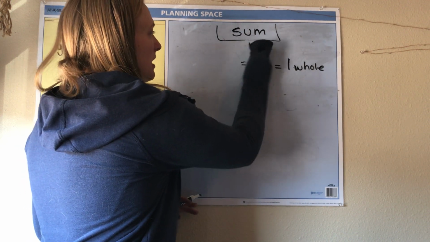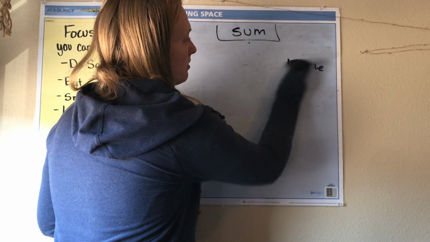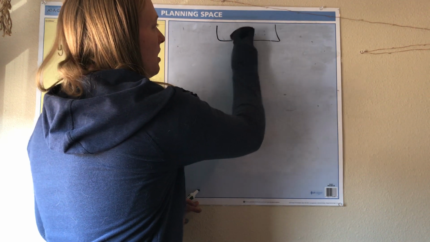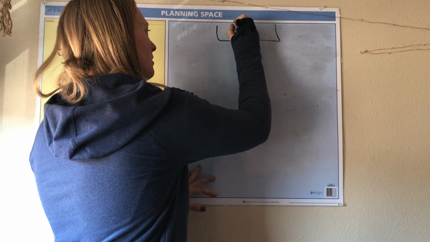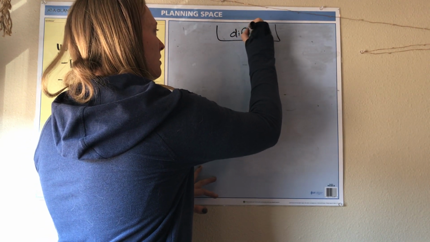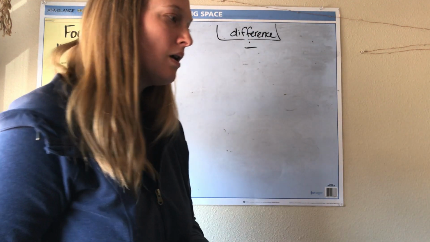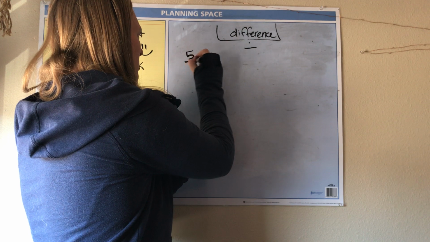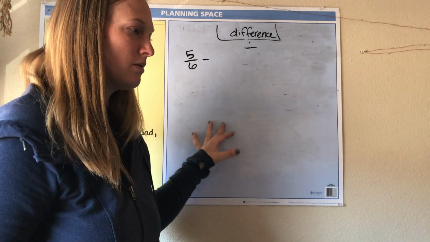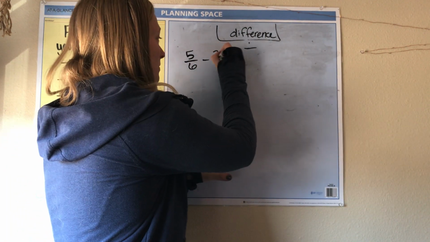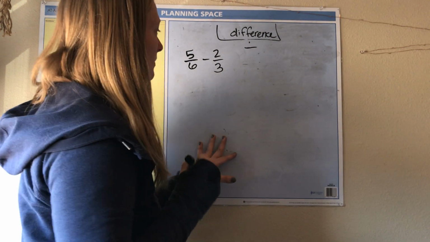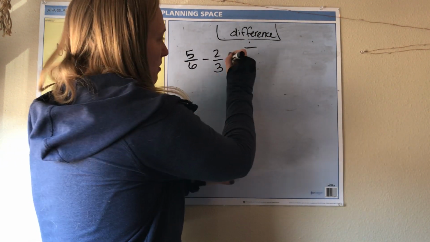Question number 7 is the difference. So keyword is difference. Difference means to subtract. Difference of 5/6 minus 2/3. 5/6 minus 2/3.